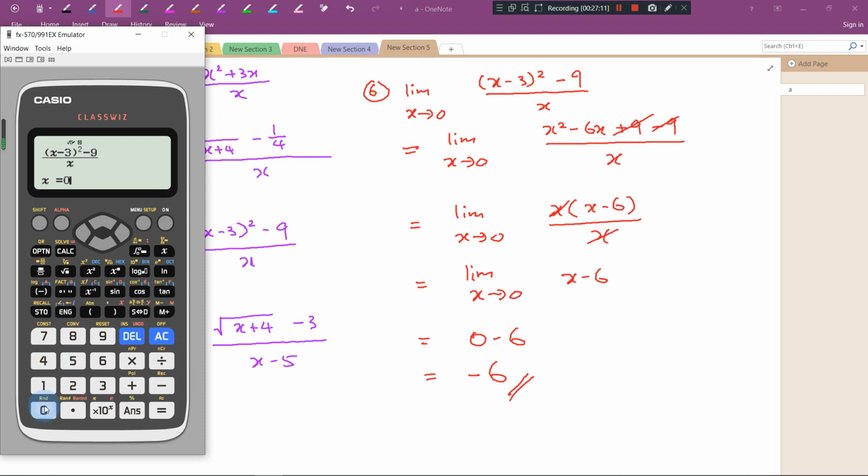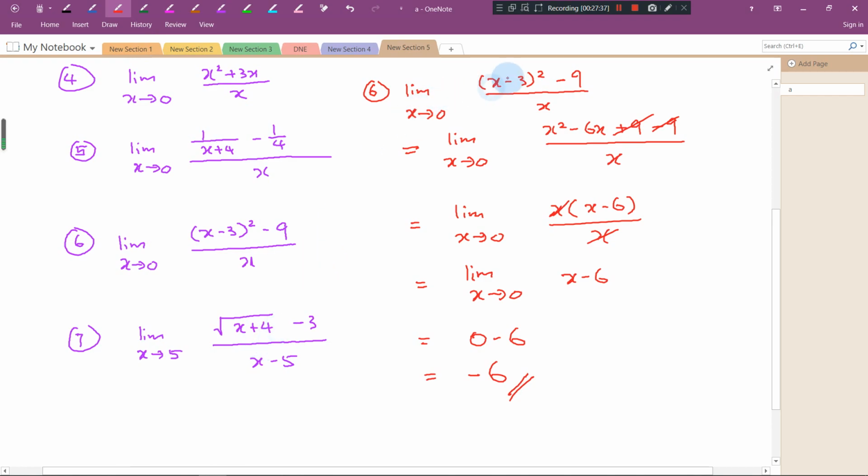You cannot use 0. If you use 0, you get a math error. We need to use a number which is really close to 0. How about we use 0.000. Let me press a few 0s here. Okay, this is really close to 0, right? Press equal. Okay, we got the answer, which is equal to negative 6.